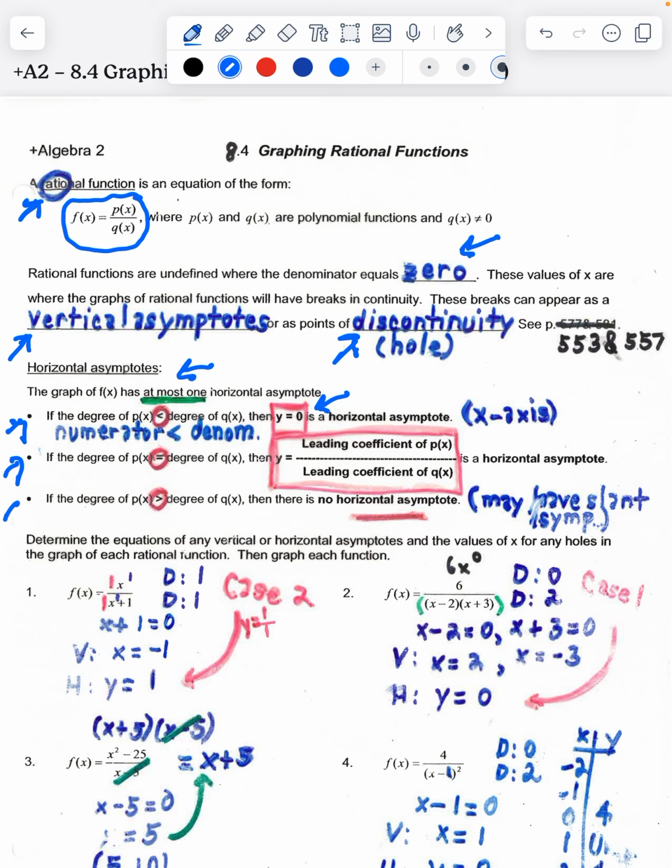And then the third case, if the degree of the numerator, p of x, is greater than the degree of the denominator, q of x, there is no horizontal asymptote. Everybody's happy when they see that case, but the end result is you might have a slant asymptote, which we'll talk about more on Friday, but is on the back side of your notes here.